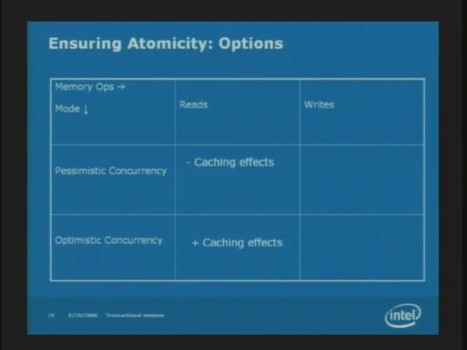And the problem with that is that when you actually grab a lock on a particular object when you're doing a read, you're essentially converting a read into a write, which means you end up with very poor caching effects, because that object is going to keep bouncing between all the different caches. And the other thing is that you actually end up doing a lot of lock operations, so that adds to the overhead.